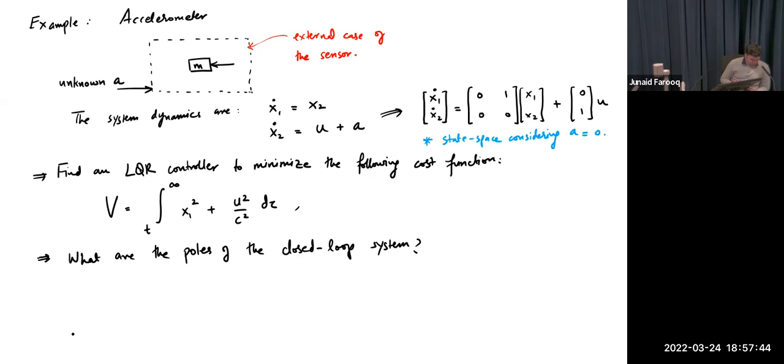Okay, so the first case is we can assume that A equals 0 first. Because A is an external input to the system, we can first solve the problem without the A, and then see how the A impacts the system.